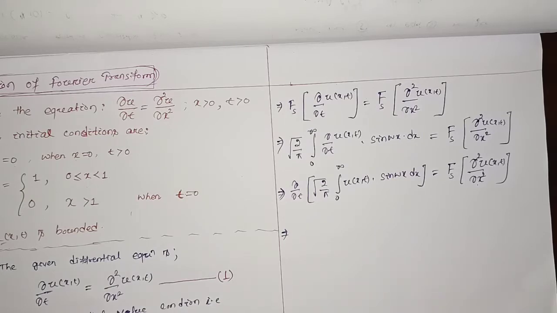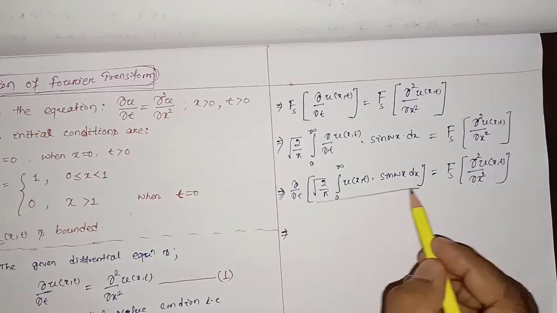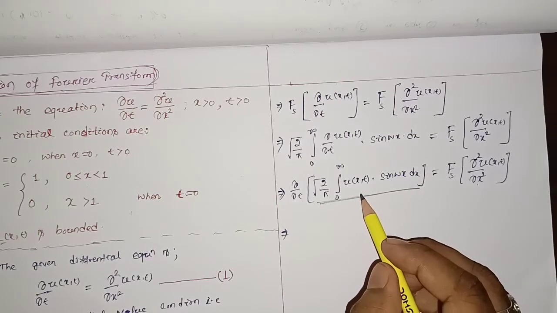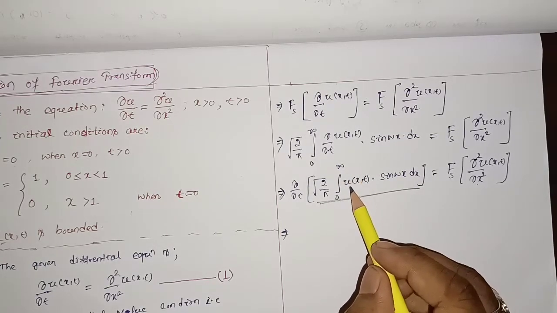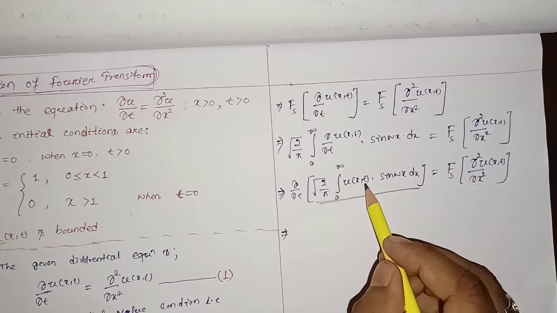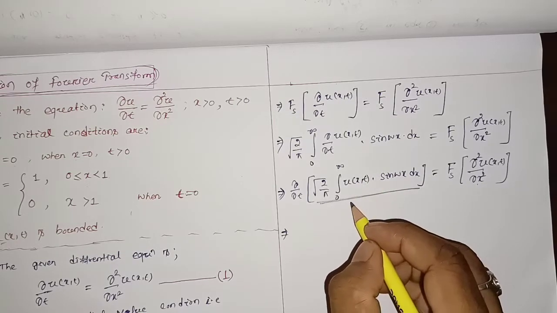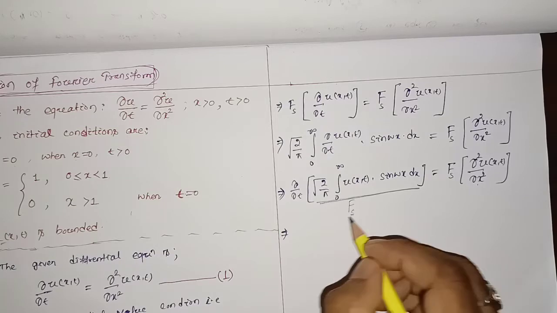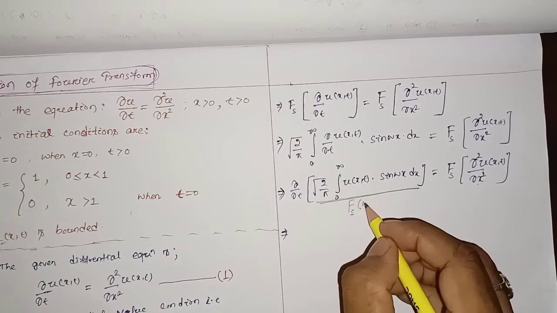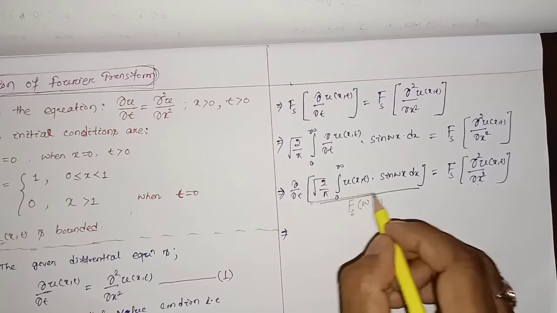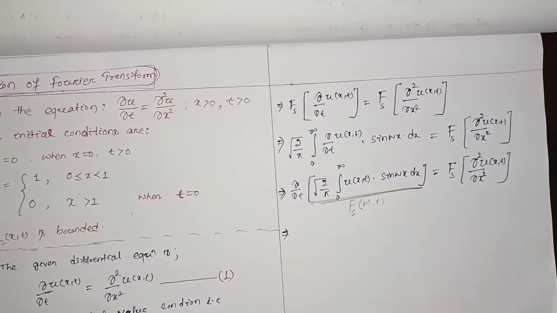Okay, so here you can see that this value is nothing but the Fourier sine transform which is applied on u(x,t) on the variable x. So we can write Fourier sine transform of, instead of x we have to write, omega t. This much value we can write, already we discussed several times.